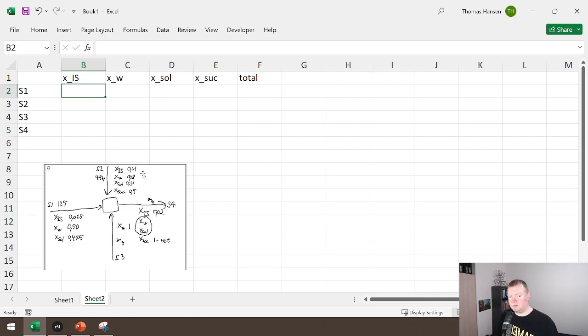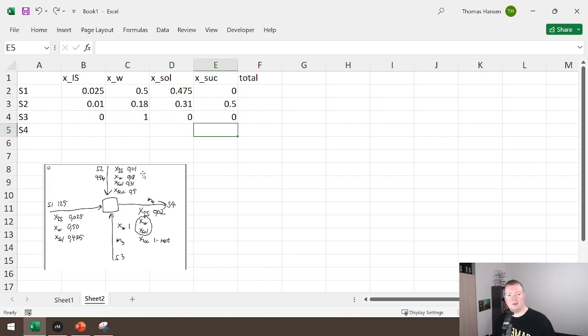So here in our stream 1, 0.025, 0.5, 475. For our sucrose, nothing. For the other one, 0.01, 18, 31, and 5. And for our stream 3, only water.